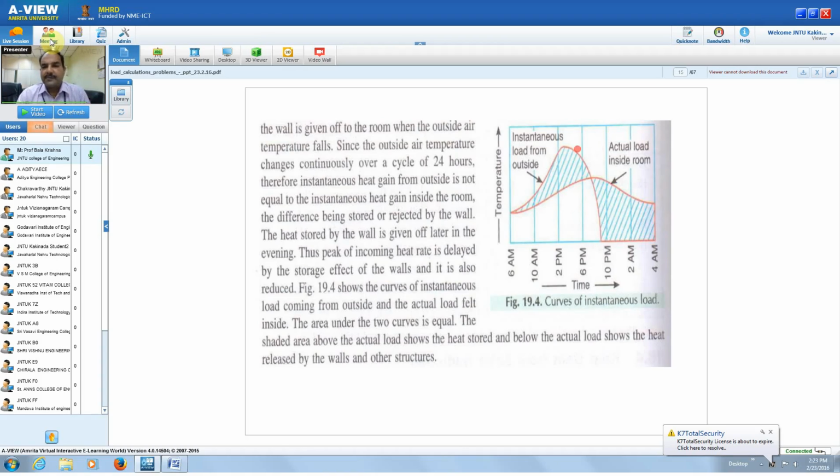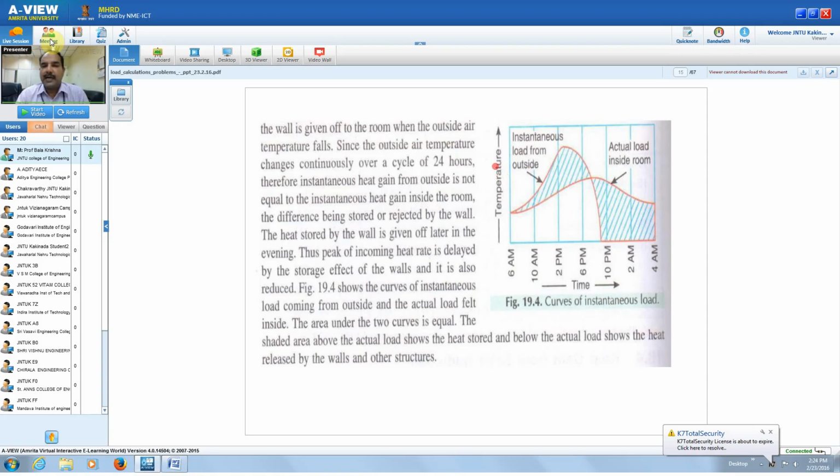See the diagram here. This is 6 a.m. in the morning, and then 10 a.m., then 2 p.m., then 6 p.m., 10 p.m., 2 a.m. early morning, and 4 a.m. These are the temperatures. You see that at 2 o'clock or maybe 3 o'clock, the temperature is maximum.